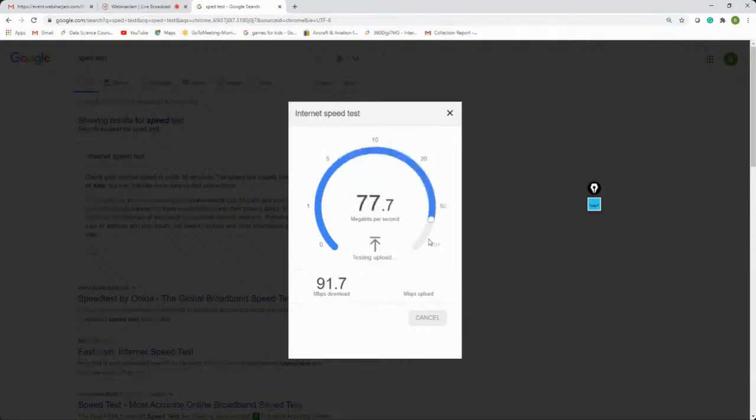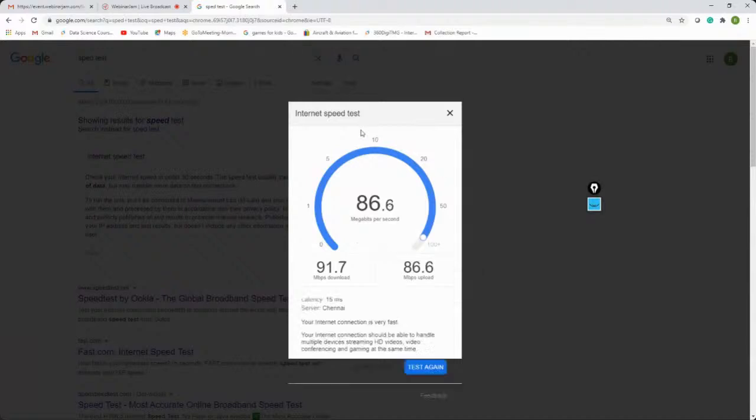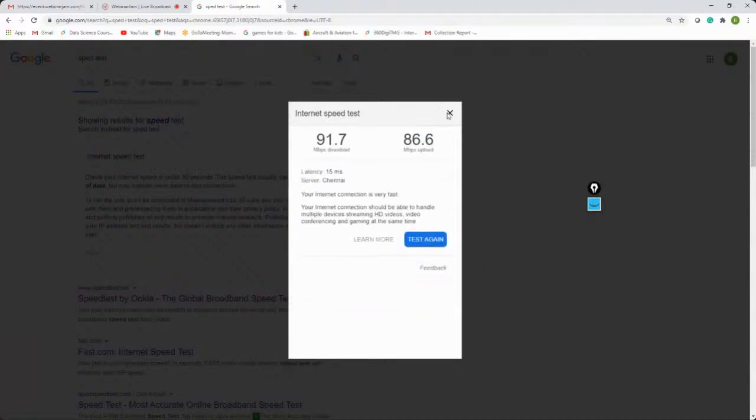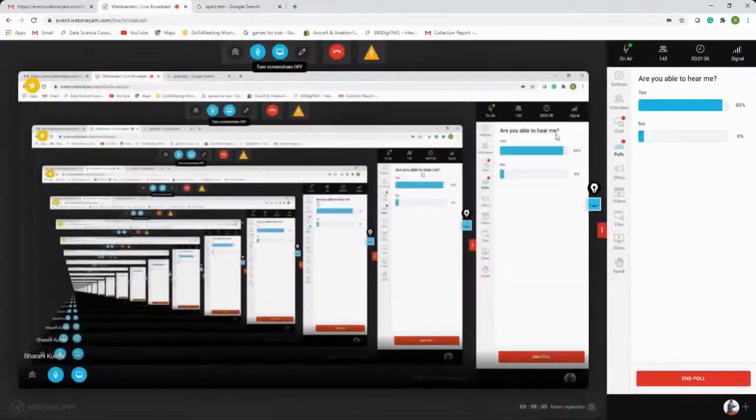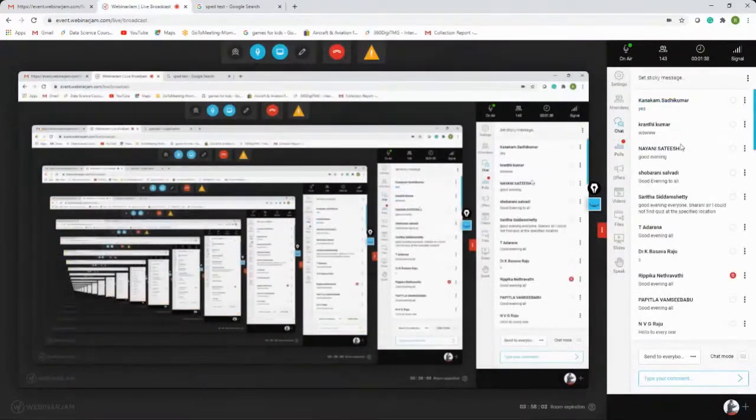This is an indication that I'm using a very good internet speed. Look at that. So if there is any issue with the voice, or if you have any screen lag, that means there is an issue at your end. I request you all to fix this.